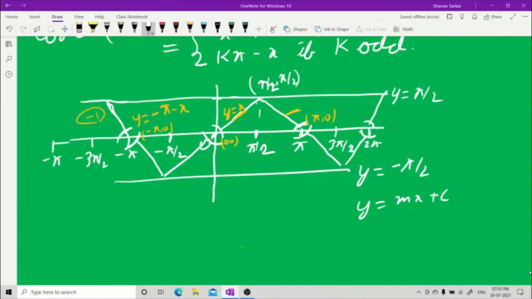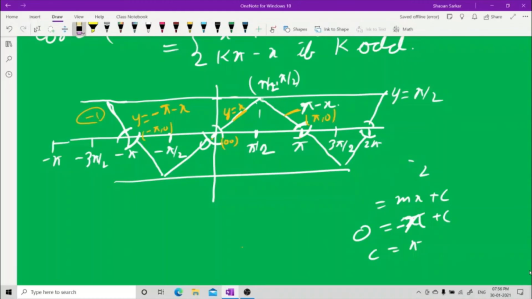So you can frame the equation that way, no issue. y is equal to minus x, and when I put pi here, c would become plus pi. So this equation is going to become pi minus x. Done. This is the way you will do it.